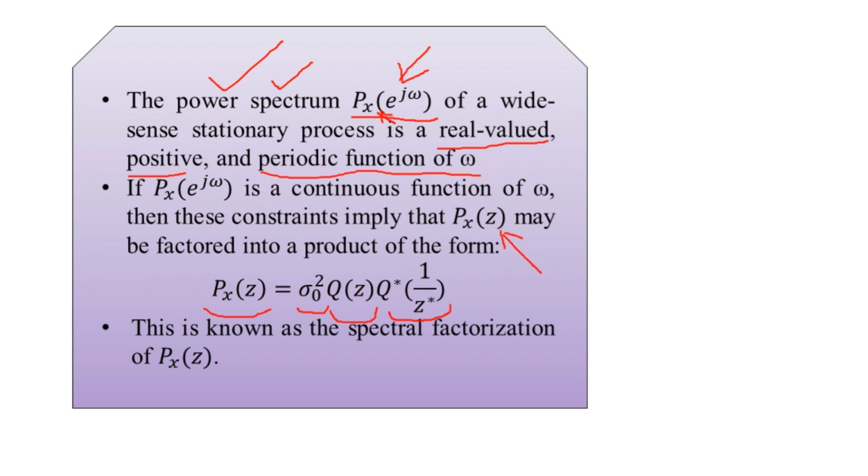Now moving further, as we have already assumed that the wide sense stationary random process is x of n, there are certain ensemble averages of the first order as well as the second order. We consider the second order statistical characterization in terms of the autocorrelation function that we usually denote by small r suffix x as a function of k here. And just now we had the representation of the power spectral density.